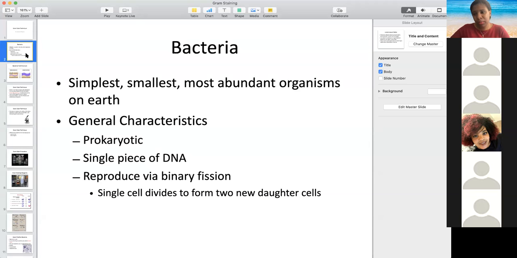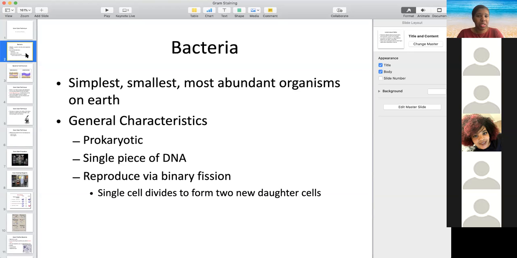There's another domain, archaea. They're very similar to bacteria, but you don't hear a whole lot about them, but they have some unique characteristics that needed their own category. But these bacteria that we'll talk about are prokaryotic organisms.